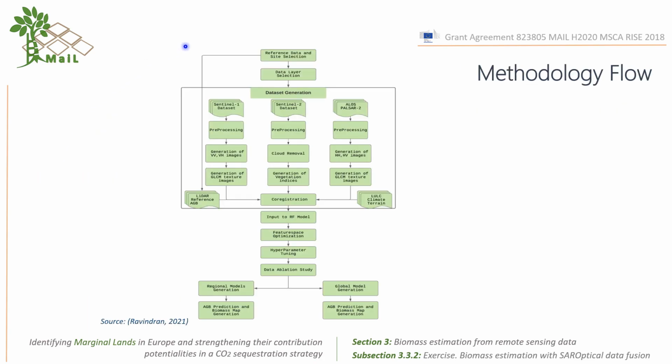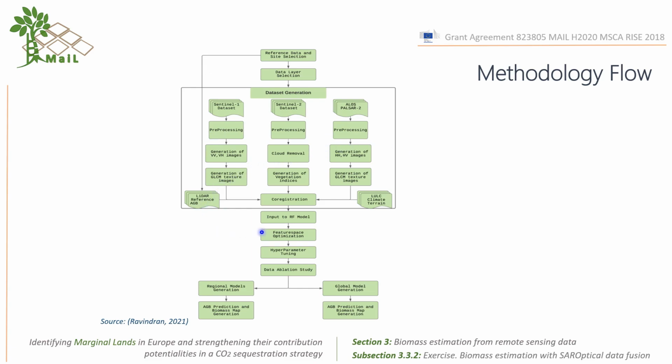At the end, our model is going to look like the figure we have, where you have the reference data and site selection, then the data layer selection, then you come to our data set, and this is where you have multiple sources of data: Sentinel-1 data set, Sentinel-2, and the ALOS PALSAR-2, then the pre-processing stage, which will cut across.